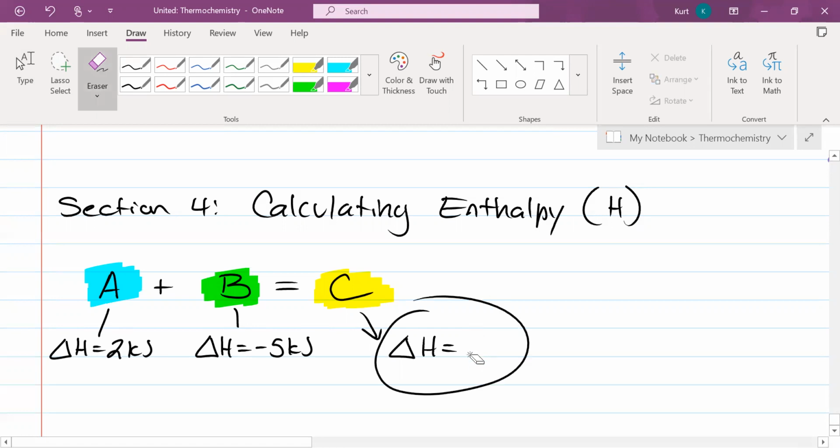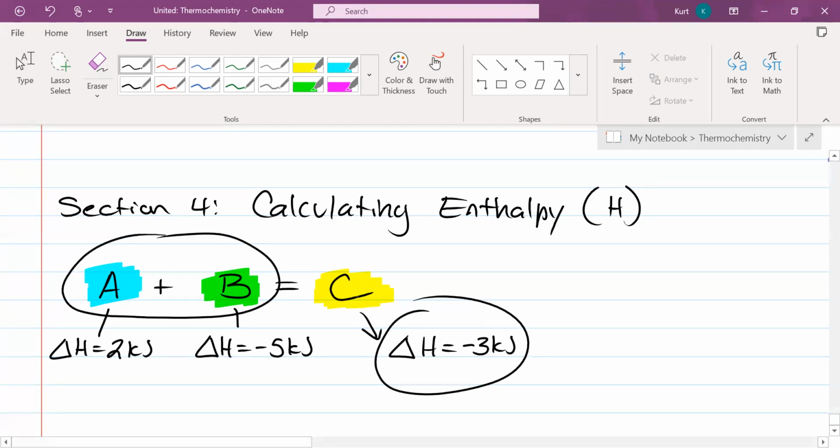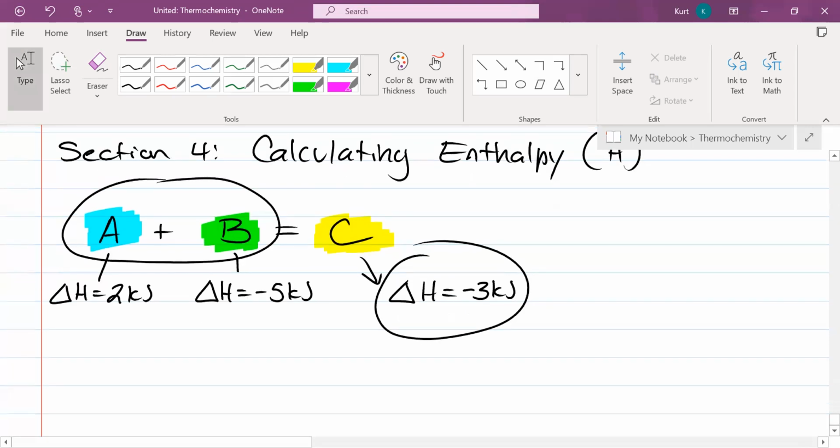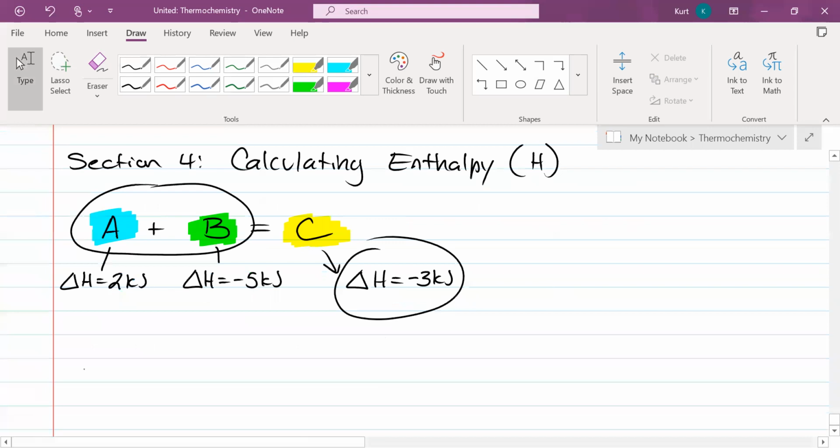It's not going to be a question mark. It's going to be -3 kilojoules. That's what the point of this section is all about. Using the parts that make a whole equation to figure out what the change in enthalpy is for that big equation at the end. So this is Hess's law.